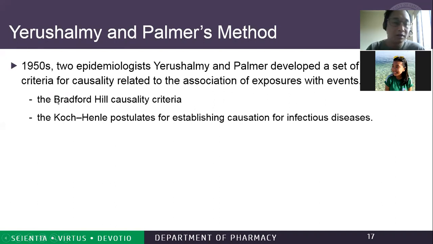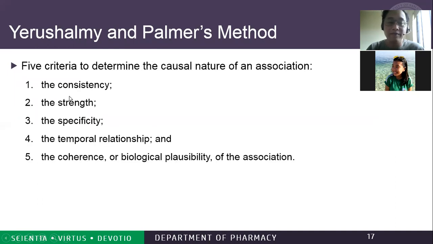Sir Bradford Hill is famous for his causation criteria; just Google him. The second is the postulates by Koch and Henle for establishing causation of infectious diseases.